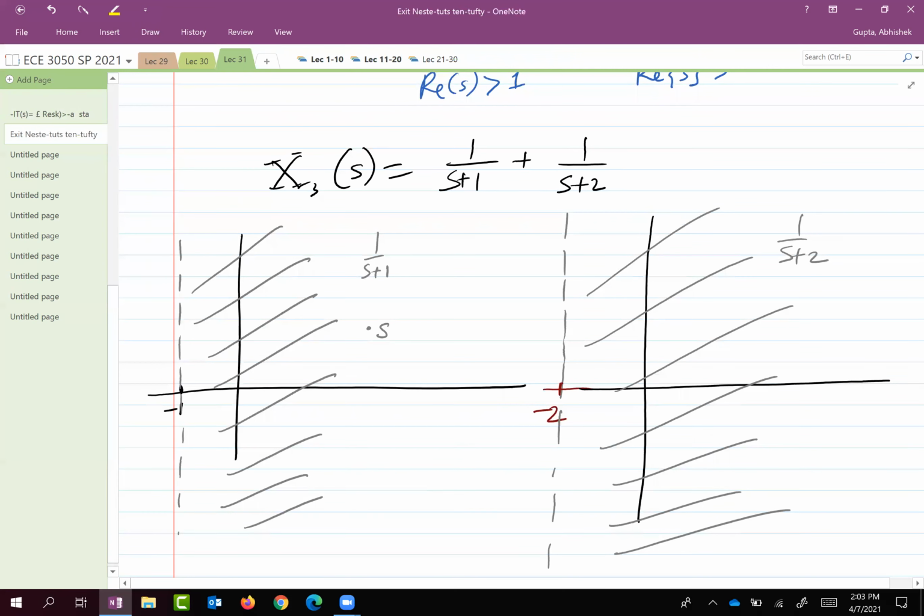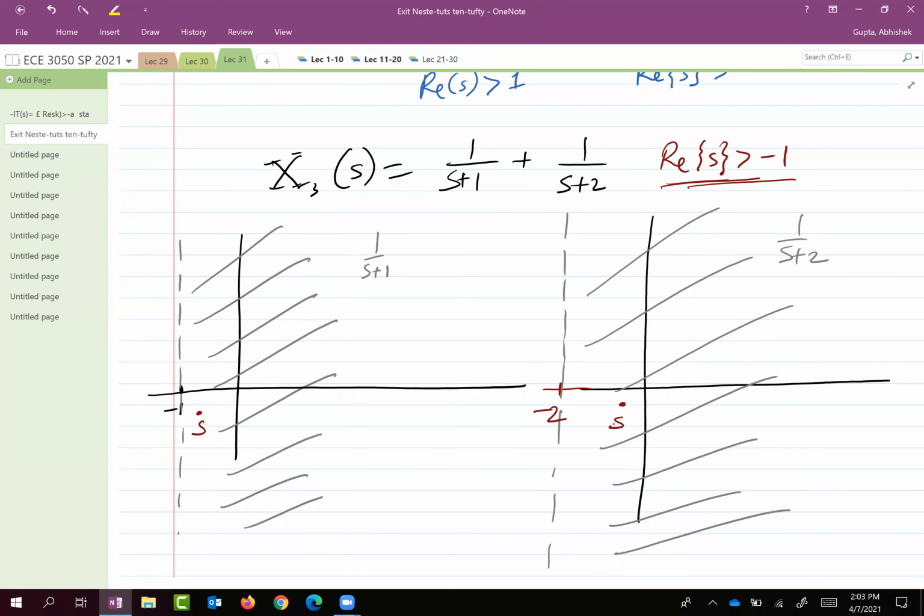Yes, real of s greater than -1. And the reason is that this is the intersection of the two regions of convergence. If you look at any point s such that real part of s is greater than -1, I know that this s also lies in the region of convergence for the second signal, 1 over s plus 2. So this s is perfectly fine.